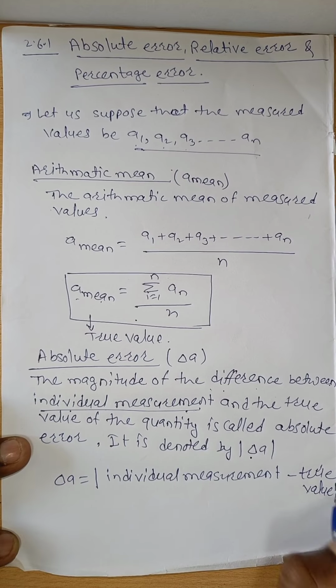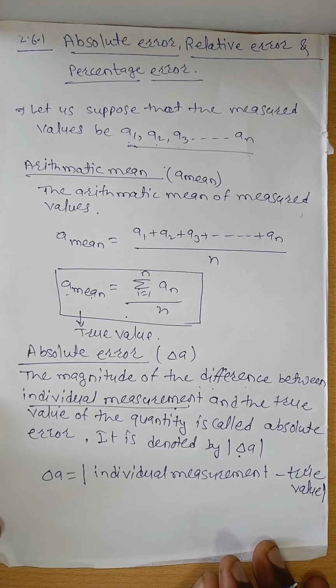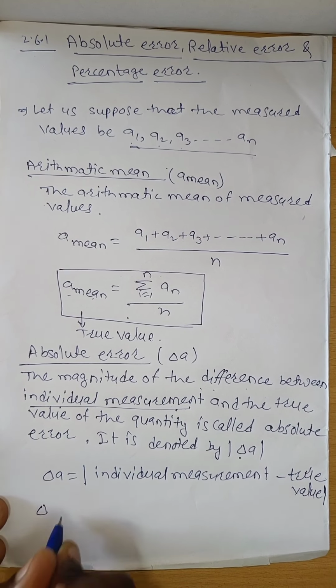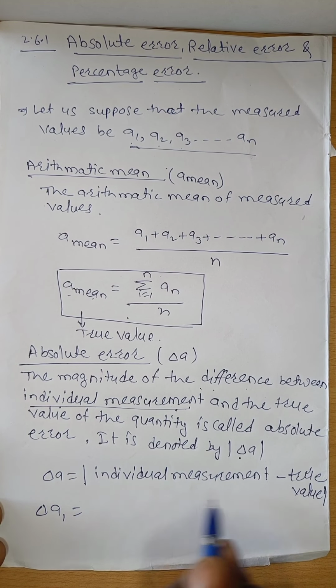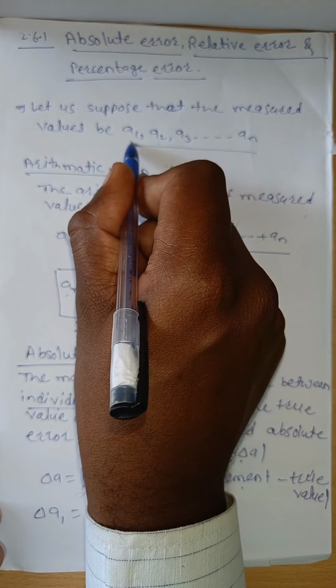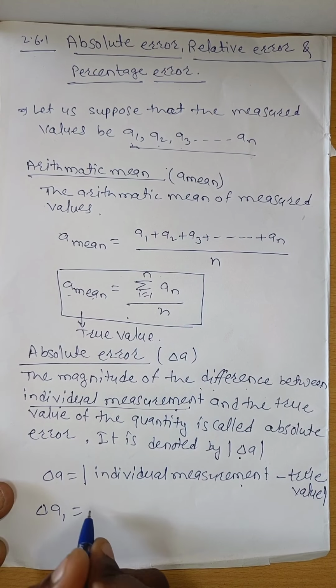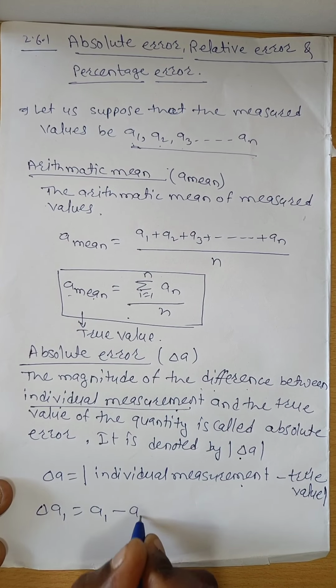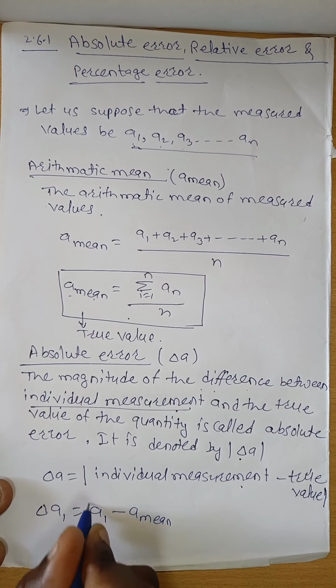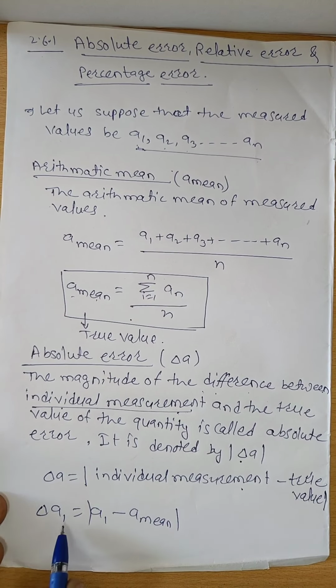Suppose that is delta A1. What is meant by delta A1? It is the individual value A1 minus the true value A mean, that is, mod delta A1 equals mod of A1 minus A mean.